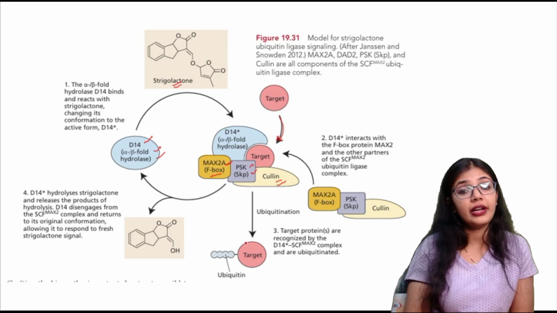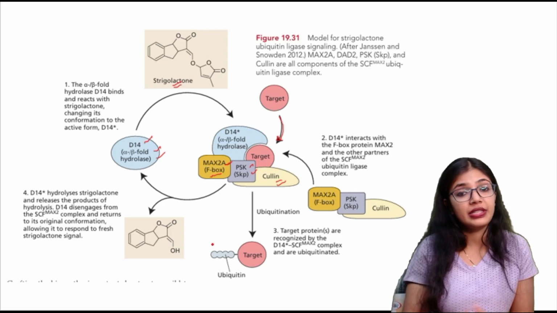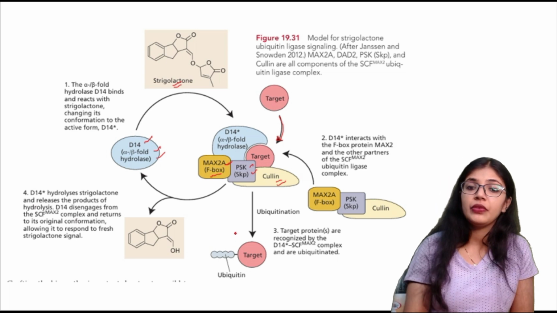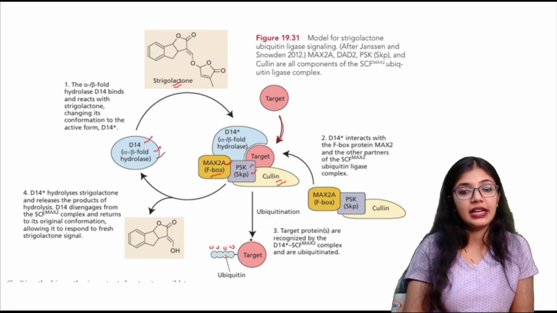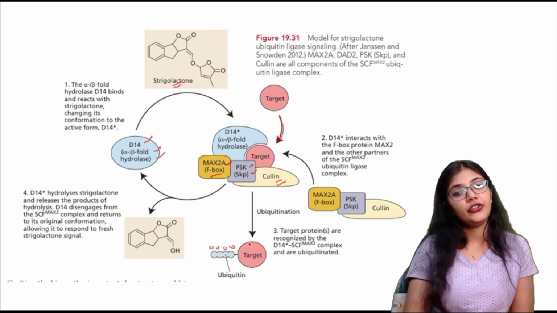How is it being degraded? It is degraded by the E3 ubiquitin ligase mechanism, or by 26S proteasomal degradation, by the use of polyubiquitin. When polyubiquitin is added to the target, it is degraded.